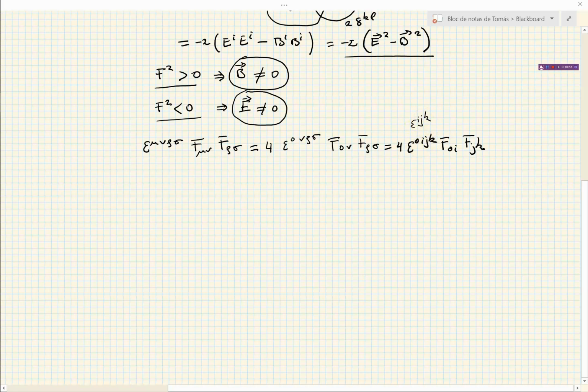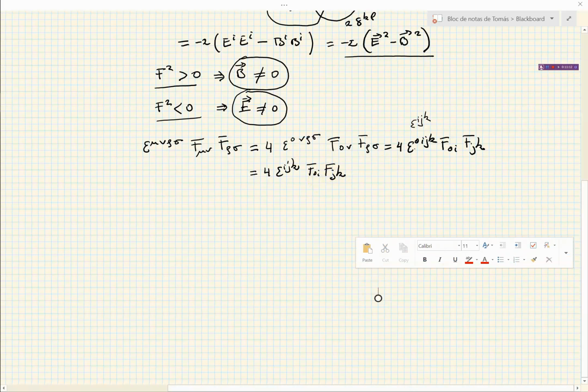So I replace this by epsilon ijk F0i F jk, then I know that this is E i, so I have 4 times E i, and I know that epsilon ijk F jk is minus 2 times B i.